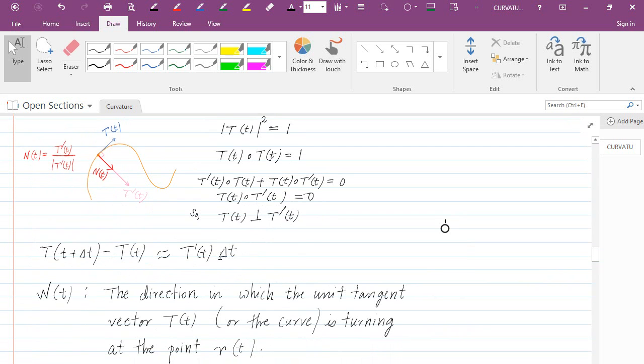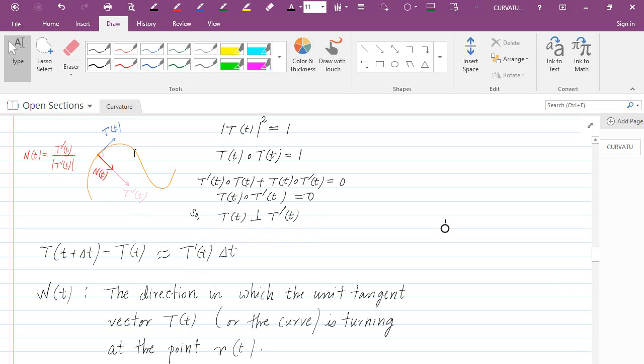So if we change t by delta t, then capital T changes by this much, and that's approximately equal to capital T prime of t times delta t. So this tells us that capital T changes in the direction of its derivative T prime of t, and we know that T prime of t and capital T of t are perpendicular.